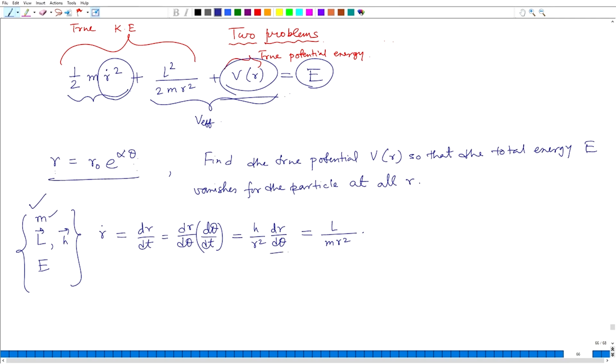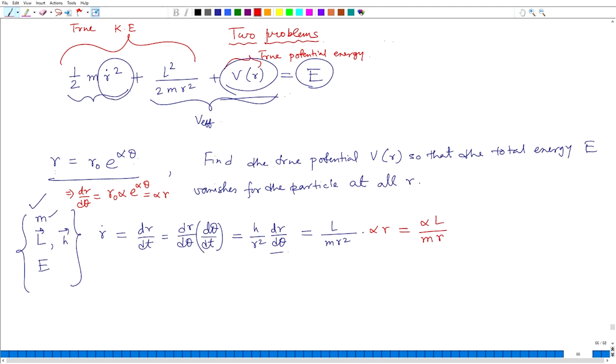We have r is equal to r0 e to the power alpha theta, so dr d theta will simply be r0 alpha times e to the power alpha theta, and r0 e to the power alpha theta is again r. So, this is equal to alpha times r. So, I can write r dot as alpha L by m r.